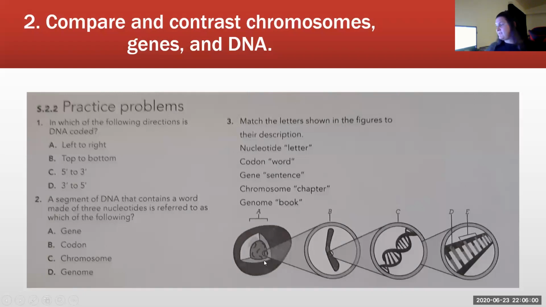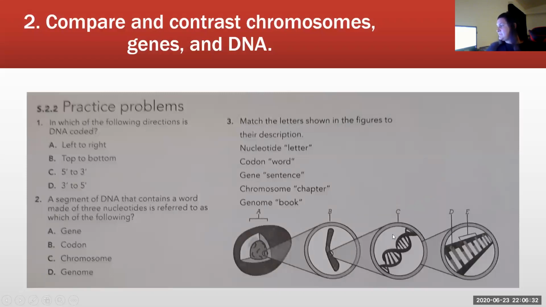If we're looking from smallest to biggest, D is our nucleotide, our letter. E right here is our codon, our word. So this is our letter within the codon, within the gene right here, the sentence, in the double helix.